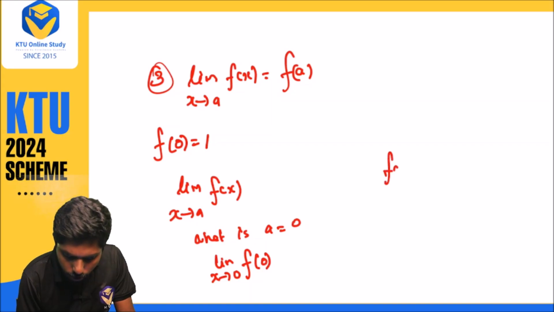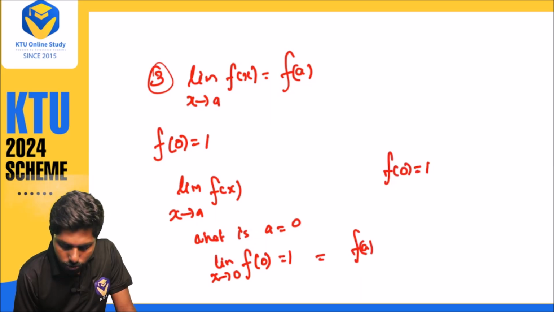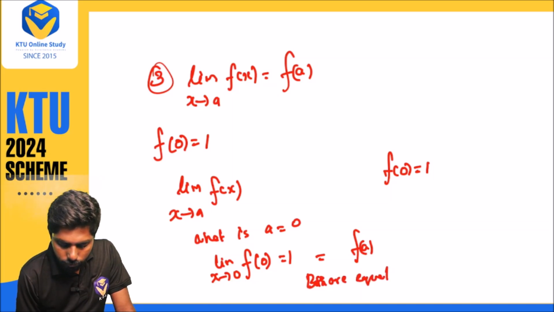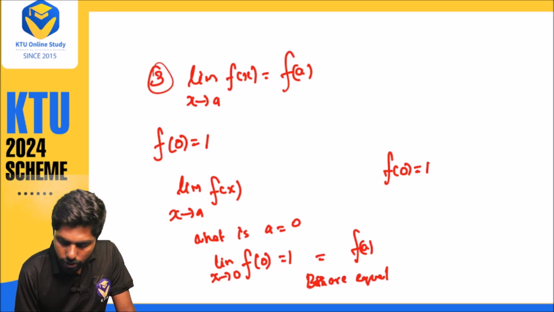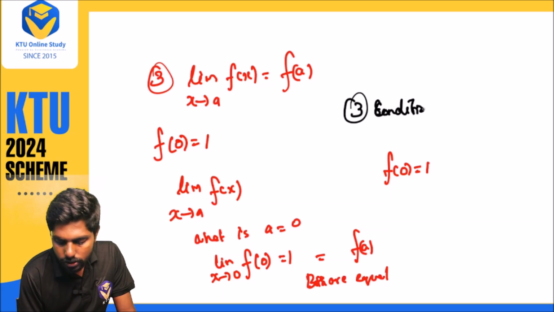F of 0 is nothing but 1. So 1 is equal to f of a, both are equal. That means the third condition is also satisfied.